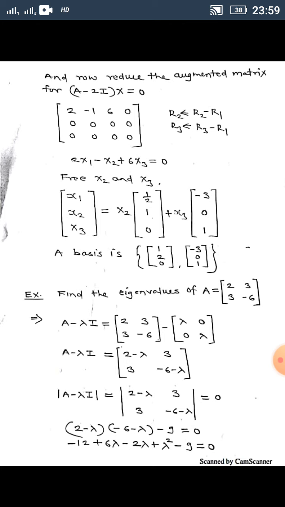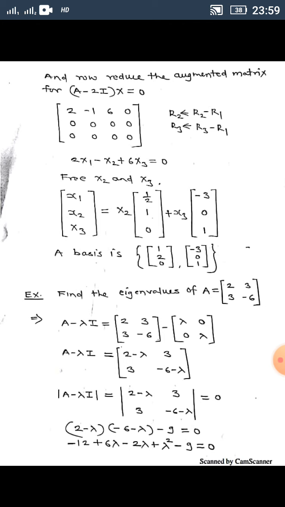We never want a fraction term in the vector. So (1, 2, 0) and (-3, 0, 1) are eigenvectors of the matrix and form the eigenspace for the corresponding system.